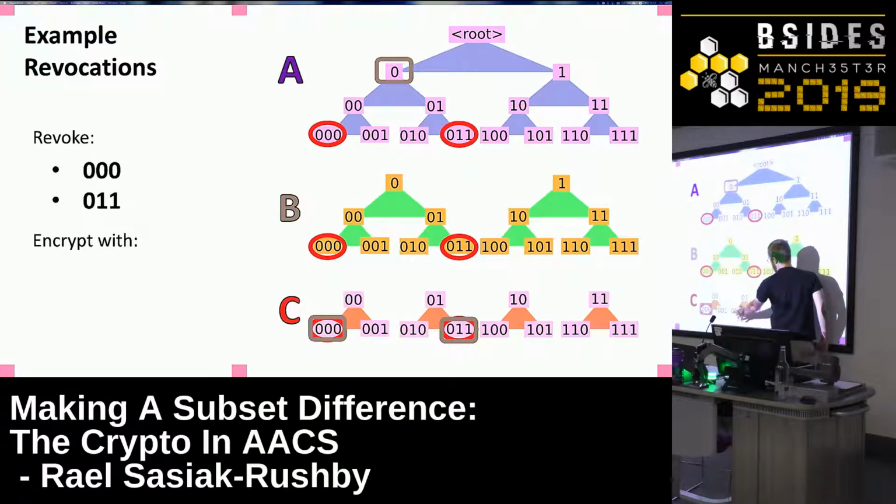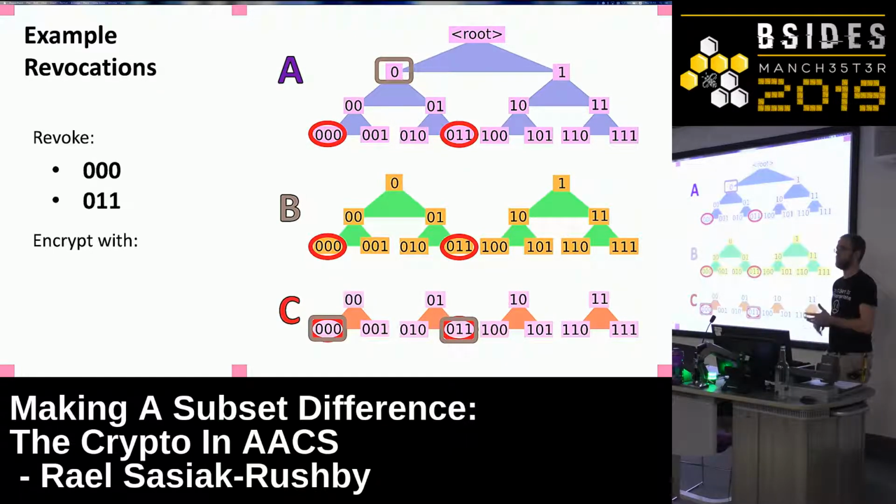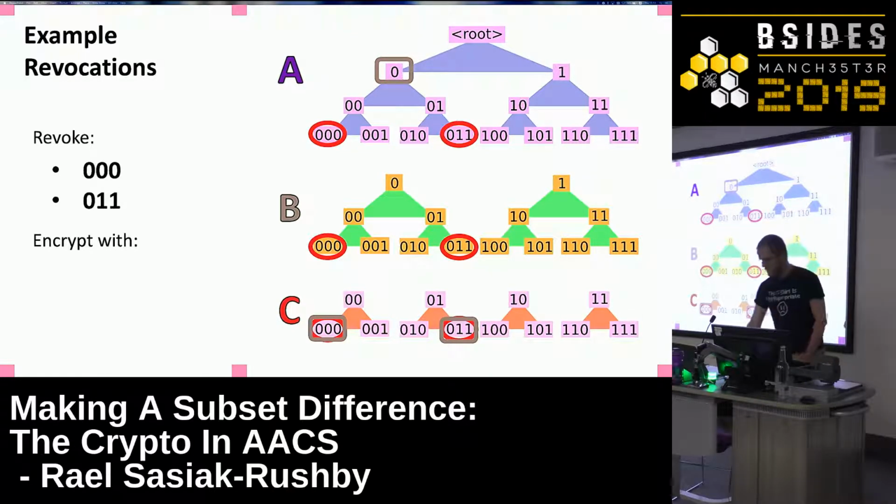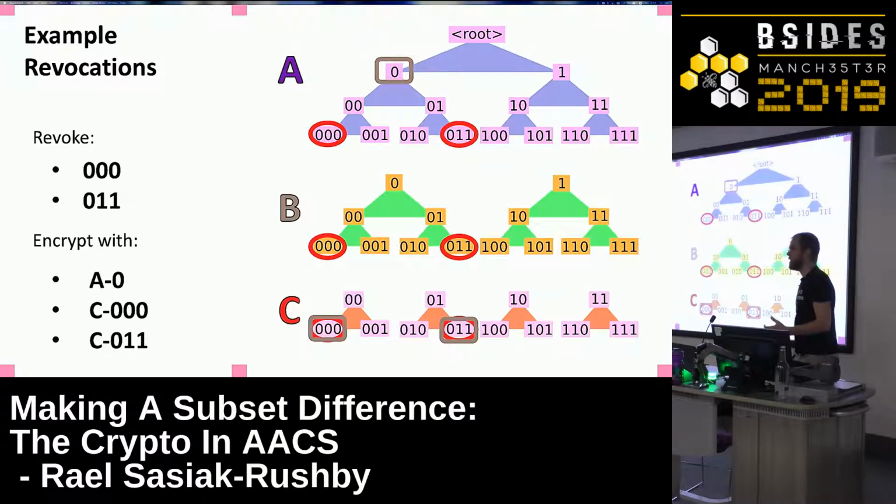Also, you can hopefully see that these unrevoked systems can still access some key within the media key entry. So we end up with 3 different encryptions in the media key data entry system, and each device that's not revoked will be able to find one entry that it can decrypt, thus getting the title keys, thus being able to access the media.